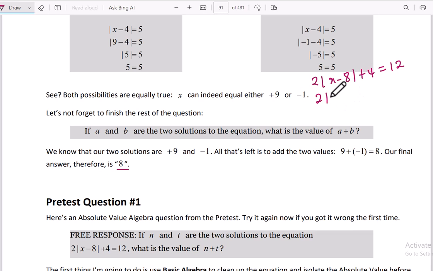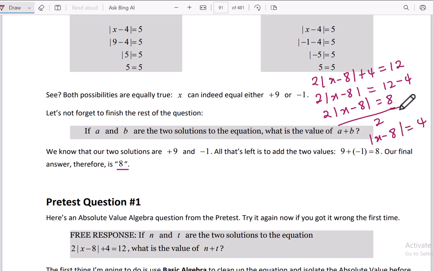So we have 2 times the absolute value of x minus 8 is equal to 12 minus 4 first. So 12 minus 4 is 8, right? So 2 times the absolute value of x minus 8 equals 8. So you also have this coefficient. Let's divide through by 2, right? And break it down. Dividing through by 2 gives us the absolute value function of x minus 8 equal to 4, because we're dividing every value here by 2.